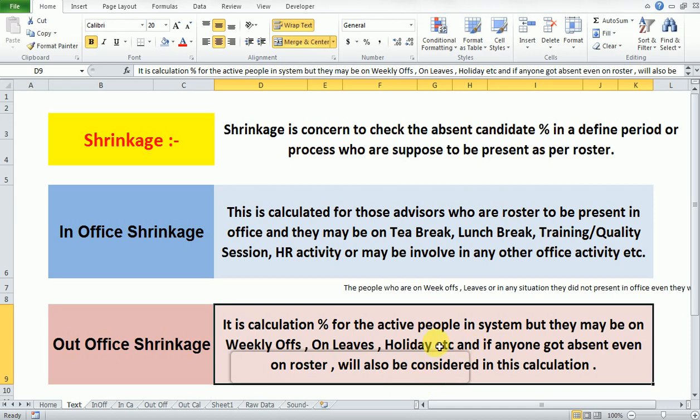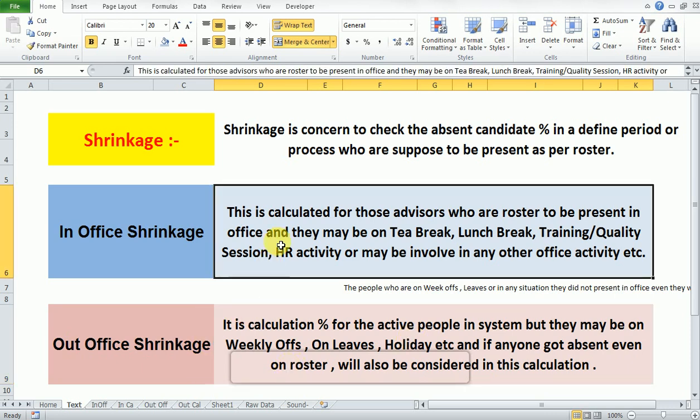It means the people who were on week offs, leaves, or holidays will be part of the calculation in out of office shrinkage. And if a person who was rostered to be present in office did not turn up to office, we also calculate that in out of office shrinkage.